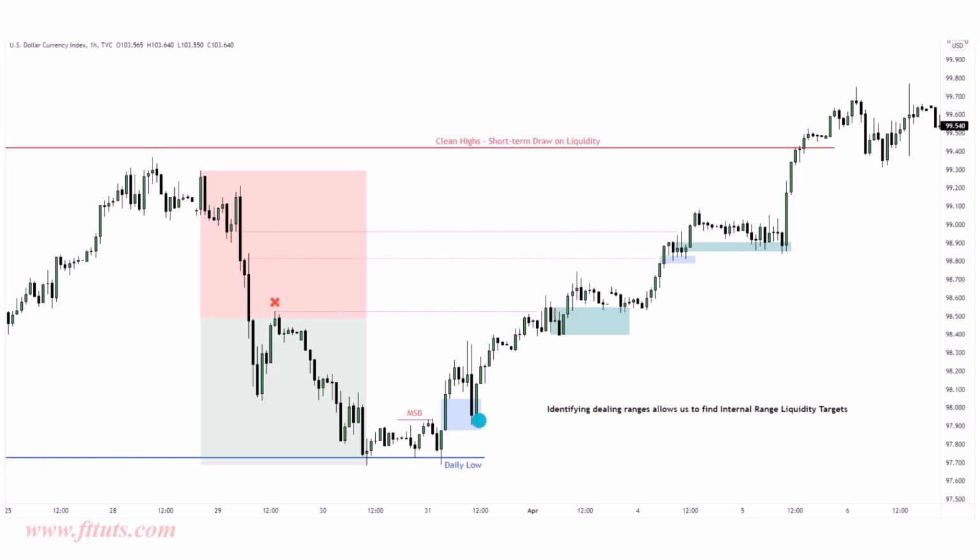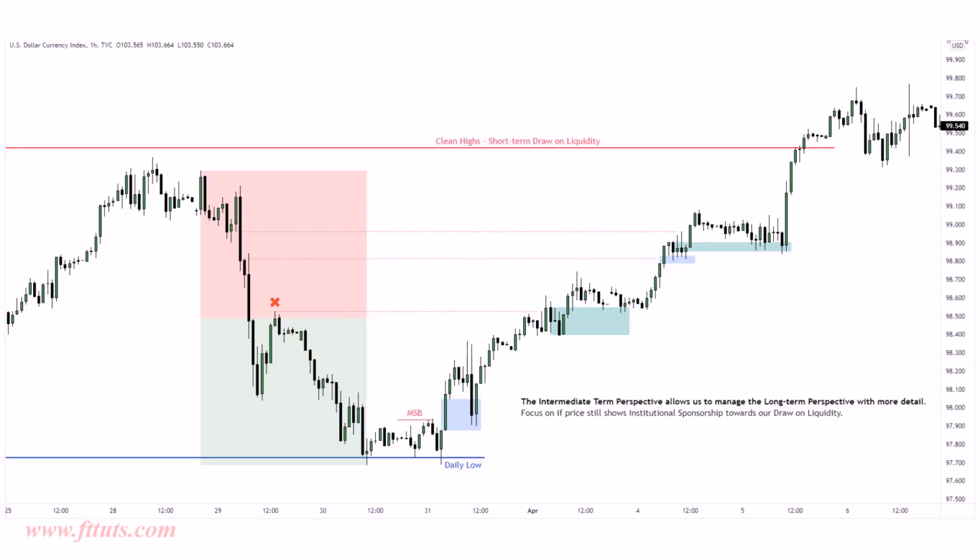Or we could buy along here and target internal range liquidity in the form of this opposing fair value gap.